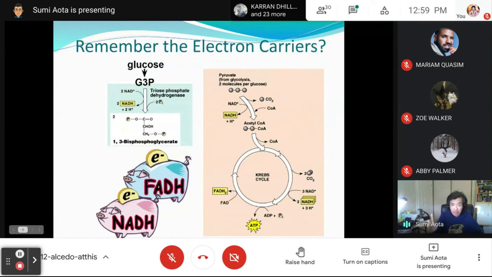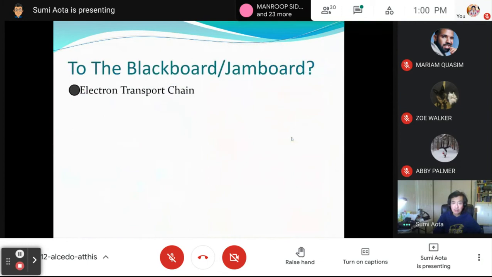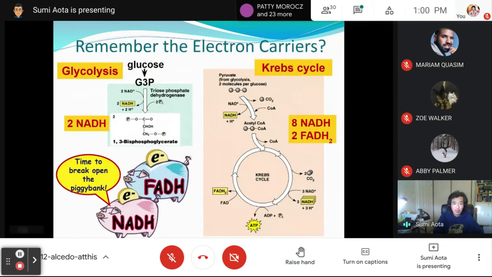So the electron carriers that we've been talking about, FADH and NADH: glycolysis produced 2, Krebs cycle produced 10. What we're going to do now is break open these piggy banks and start making ATP. I'm going to do this in 2 parts.